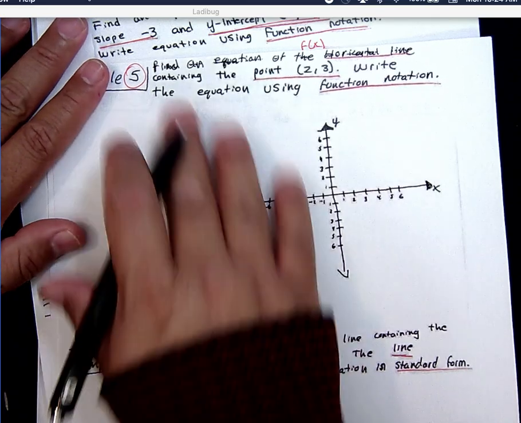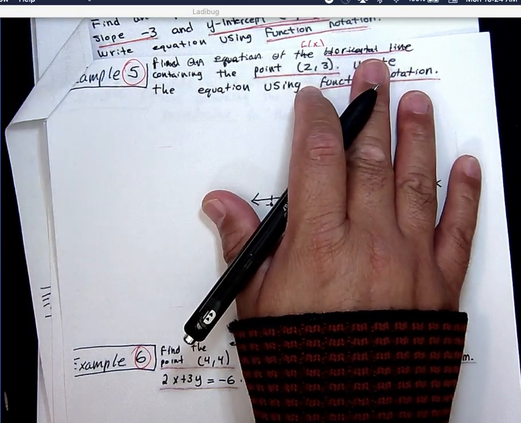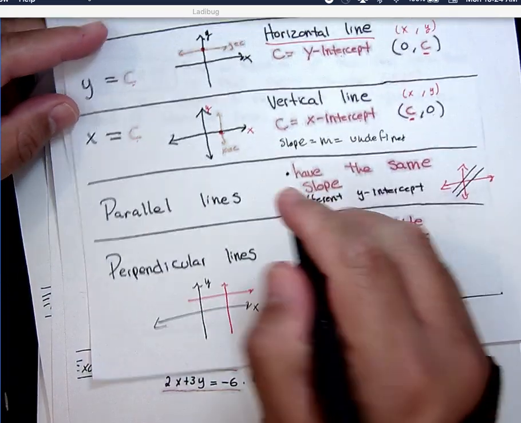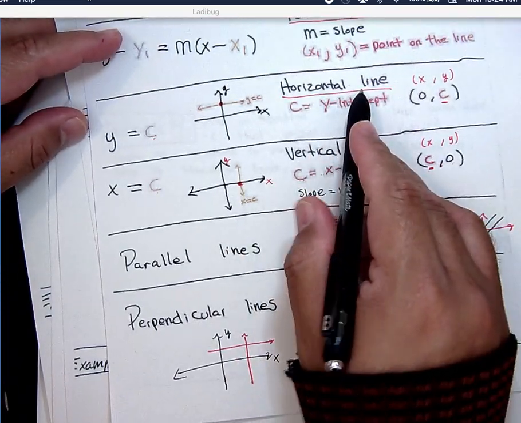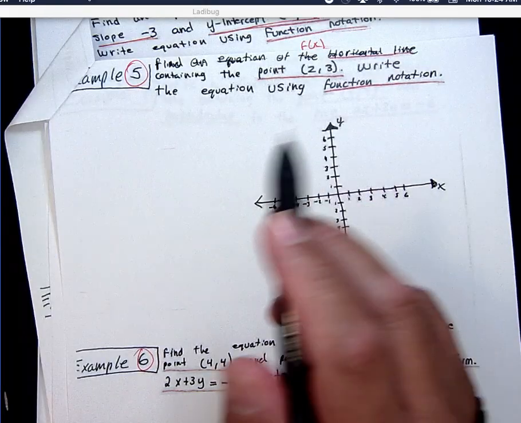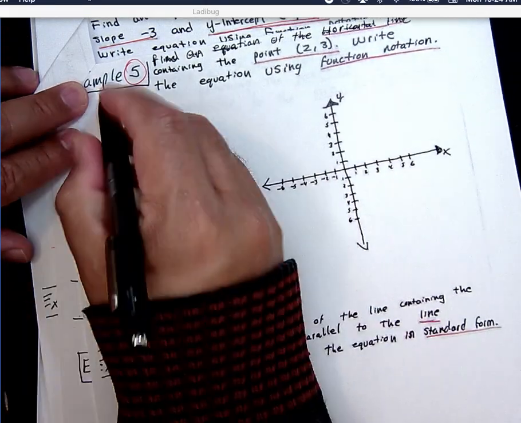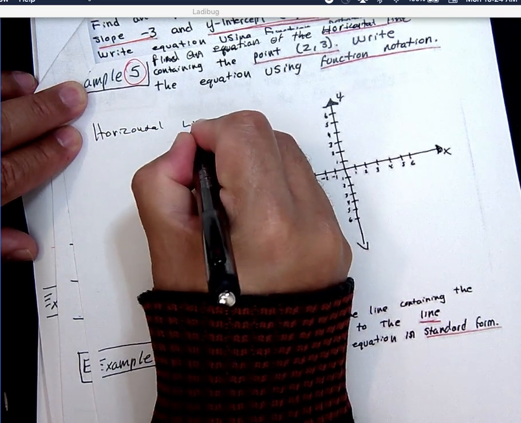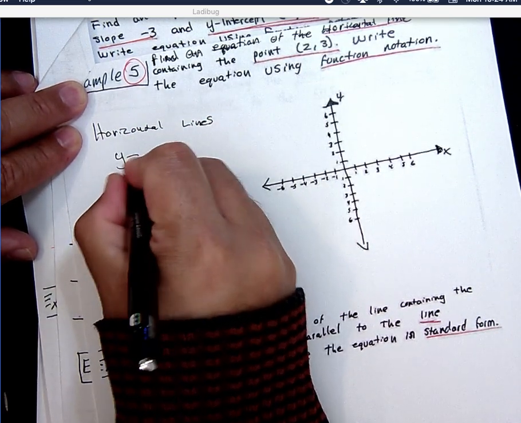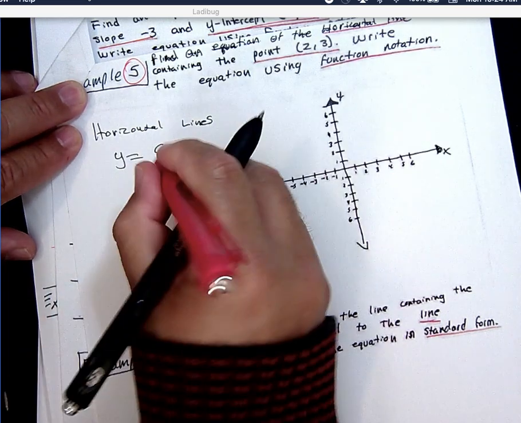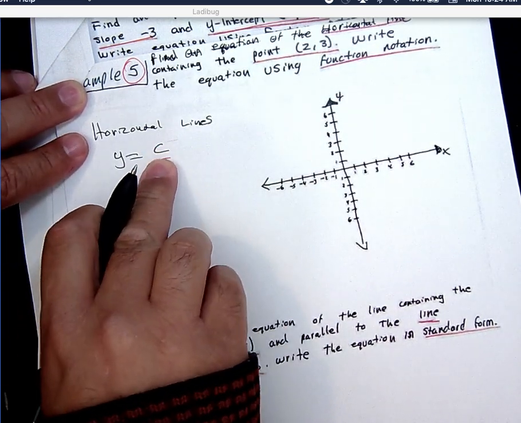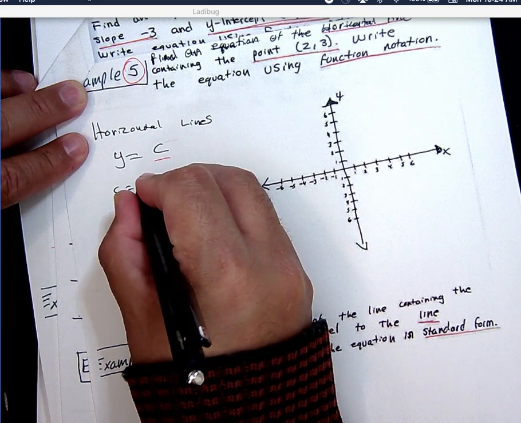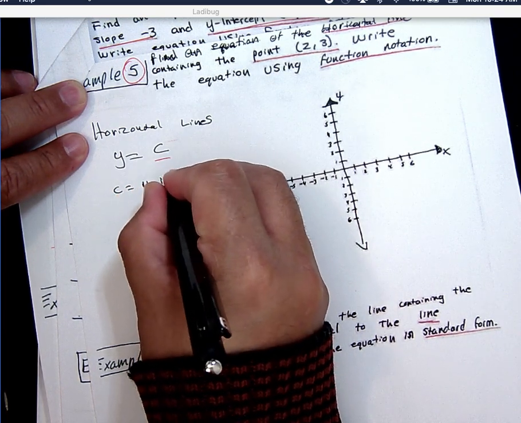Okay, so horizontal lines, if you remember, that's where you go back here and look. So how do horizontal line equations look? Horizontal lines have this form. What does this represent? The C would be the y-intercept.